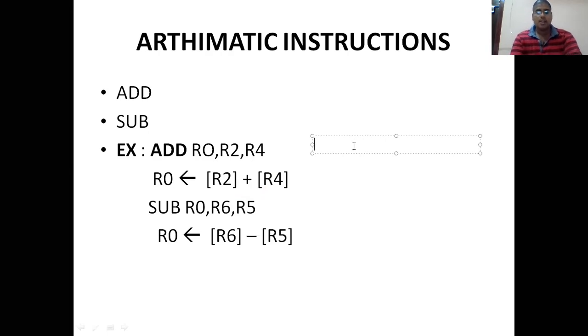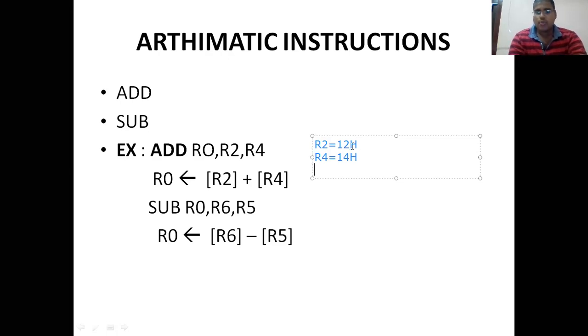For example, if ADD R0, R2, R4 is given, for example R2 is equal to 12h and R4 is equal to 14h. Whenever you write this operation, these two values are going to be added.